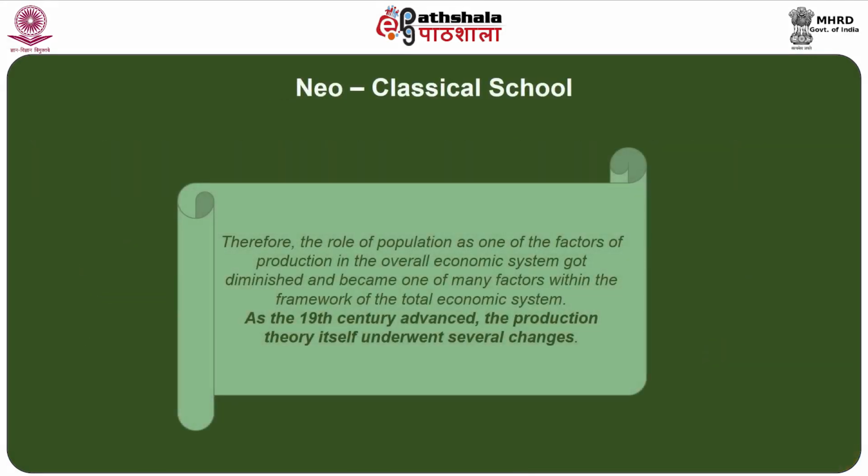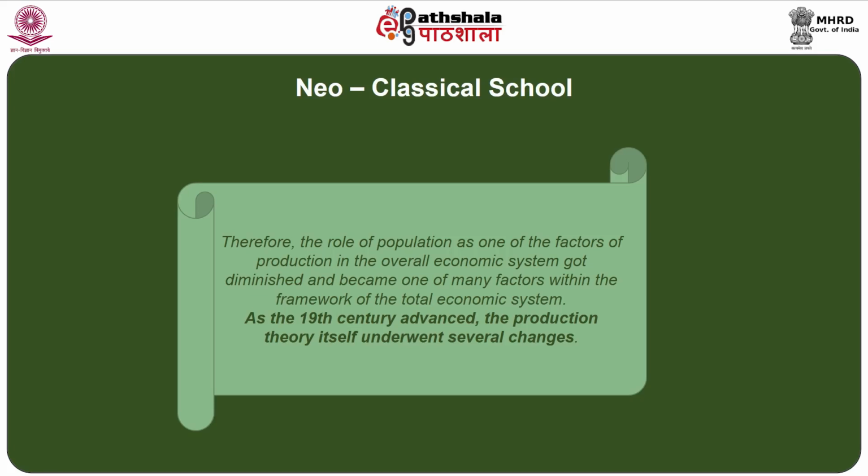In view of this, the role of population as one of the factors of production in the overall economic system got diminished, and population became one of the many factors within the framework of the total economic system. So population was not the only factor that would determine the total production or per capita production. Rather, it happens to be one of the several factors that would determine the total as well as per capita production.